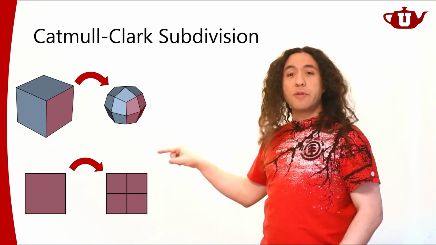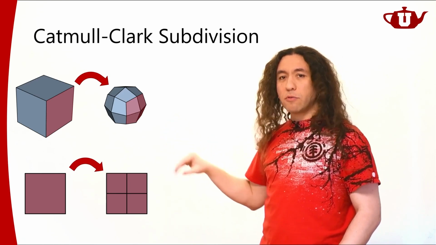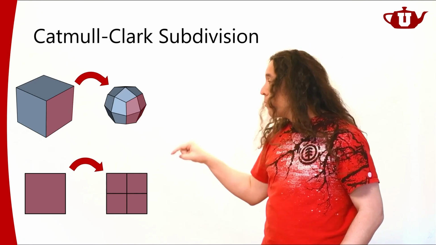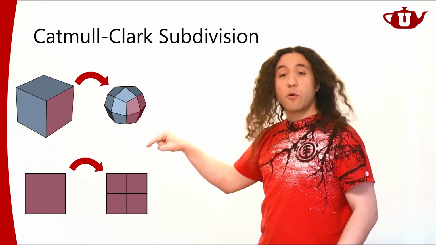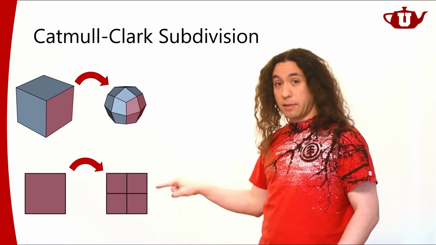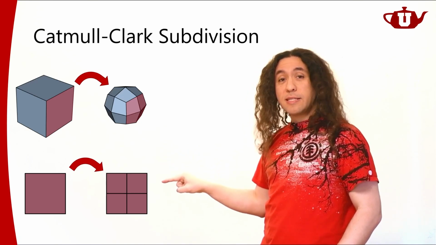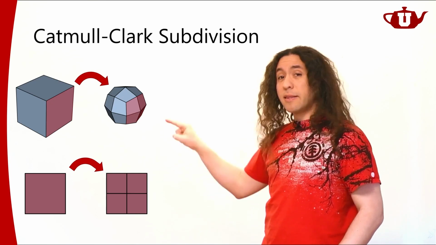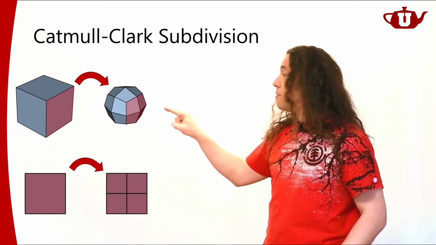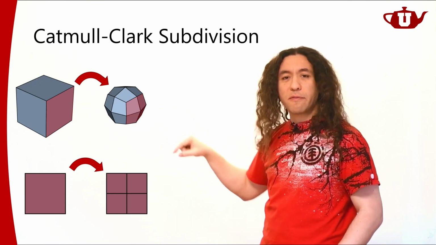And then I'm going to move the new vertices around to get this sort of rounder, smoother shape, right? So the way this is going to work is that it's going to generate a vertex at the center of each face, right at the center here. And then it's going to generate vertices at the centers of the edges. Then it'll move those edge vertices towards the average of the neighboring faces.